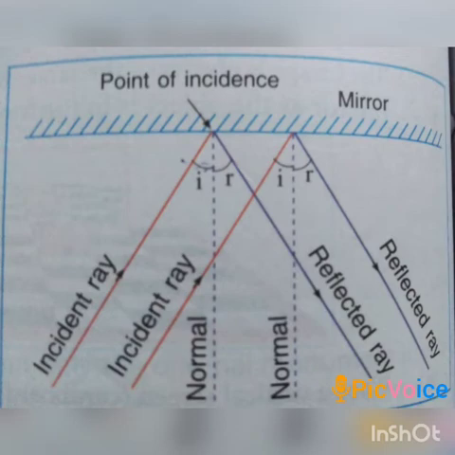The second law is that the angle of incidence and the angle of reflection are equal to each other. We discussed that the angle between the incident ray and the normal at the point of incidence is the angle of incidence, and the angle between the normal and the reflected ray is the angle of reflection.